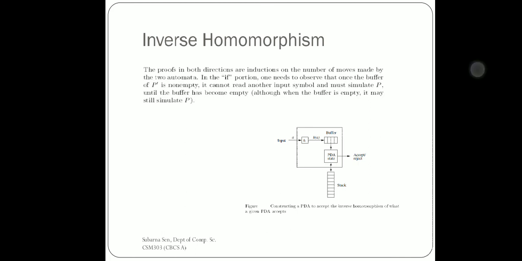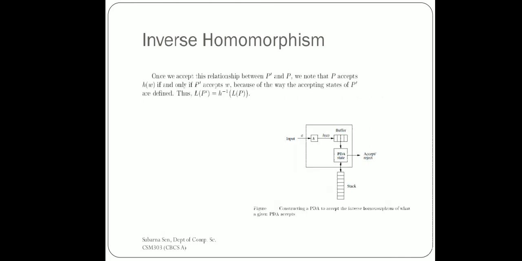Now once we accept this relationship between P dash and P, we note that P accepts h(w) if and only if P dash accepts w. If you remember the process of converting emptying the stack to acceptance by final state, it is more or less the same. Here we are just not moving from one approach to the other. Here we are showing that if P dash can accept w, then P gets accepted by the final state, right?